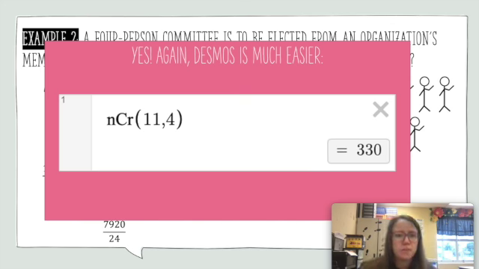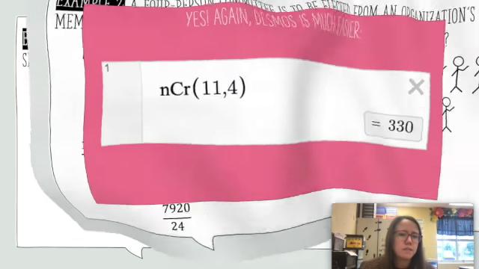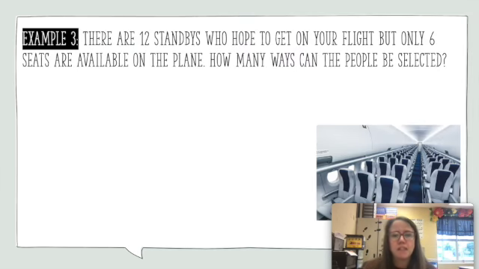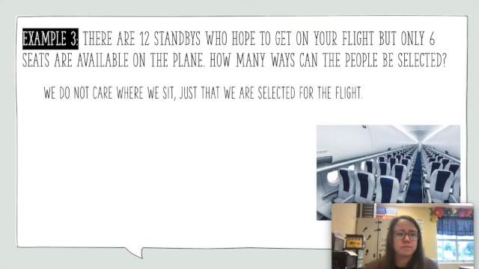So combinations should be pretty easy today. And last, there are 12 standbys who hope to get on the flight, but only 6 seats are available on the plane. How many ways can they be selected? Again, we don't care where they're sitting. They just want to be on the flight. They're happy to be on the flight. They're not worried about a window seat versus the aisle seat.